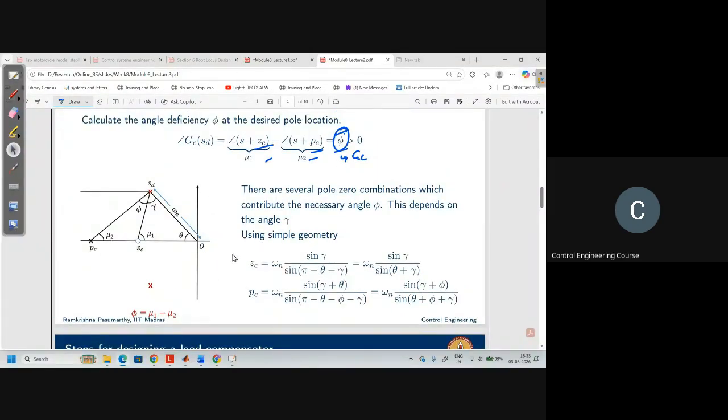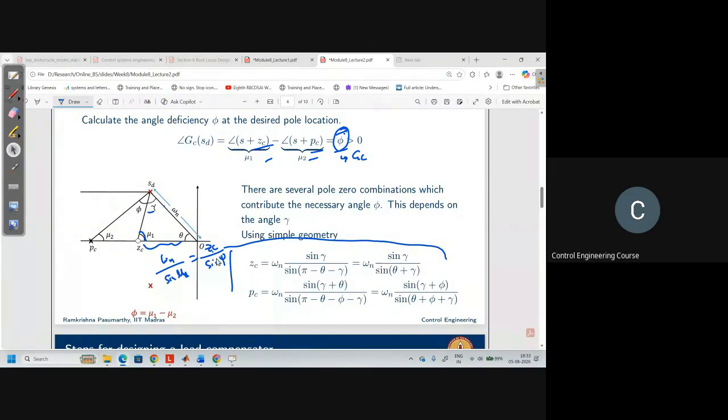Here are some examples. These equations follow the sine rule. Let's say the location of ZC: omega n by sine mu1 equals ZC, this is the length ZC, right, by sine gamma. This is the sine rule. Now you substitute those values here.